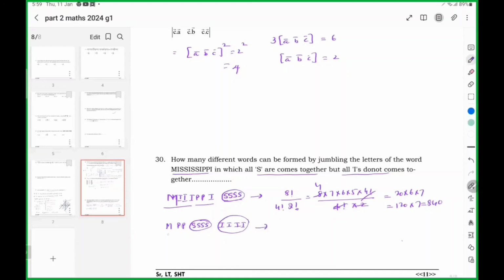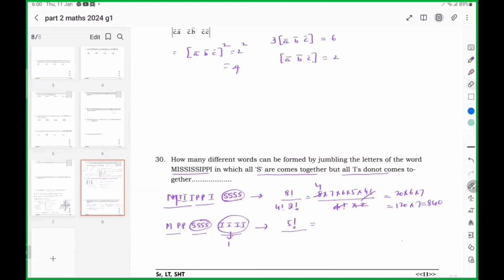That case, if we remove it, then we get all i's do not come together. Here 3 plus 1, 4 plus 1, 5 factorial, anyhow, we treat it as 1. If you treat them as different, you have to divide with 4 factorial.